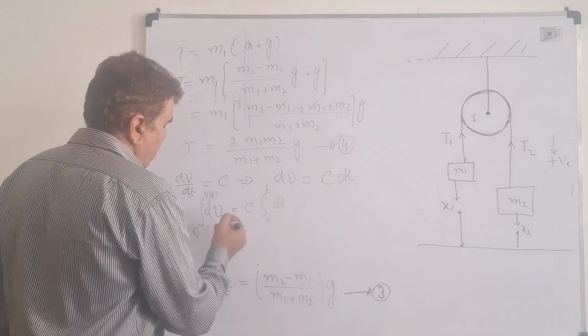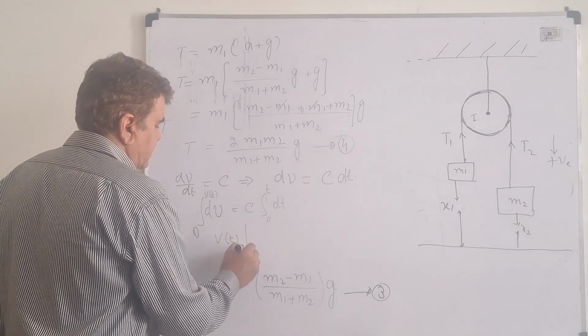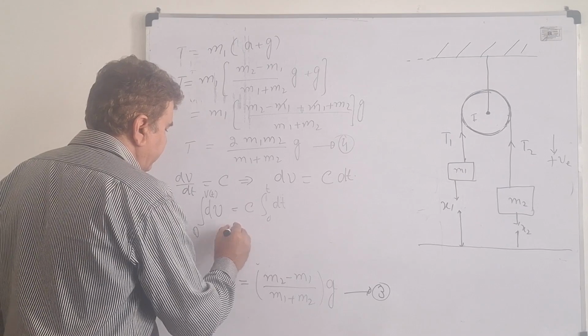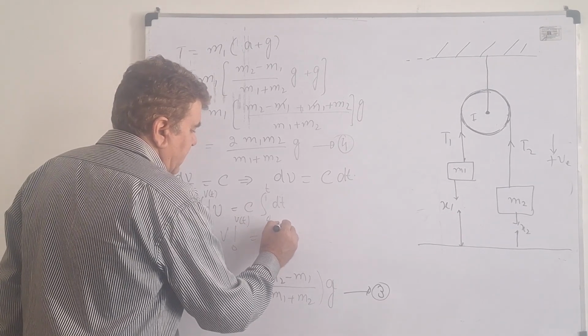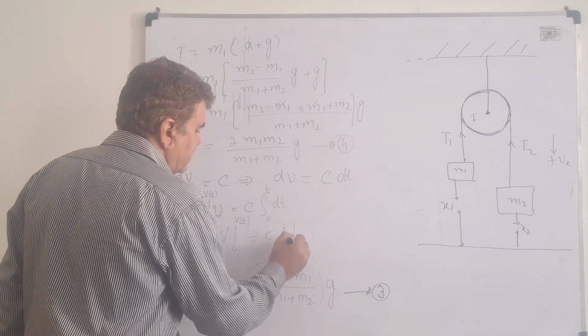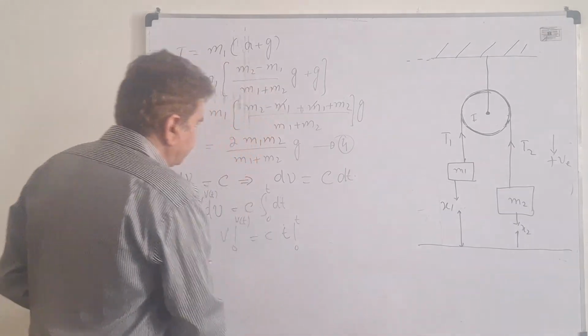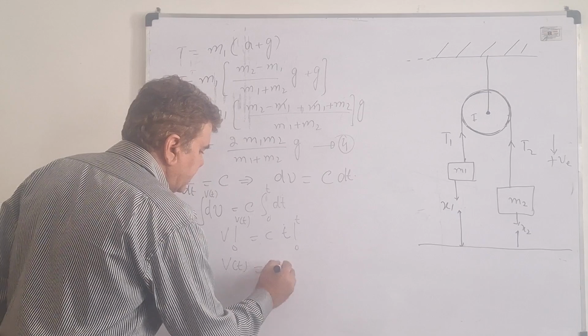And this obviously gives me v from 0 to v of t equals c times t from 0 to t. And putting the values, I can write v of t equals ct.